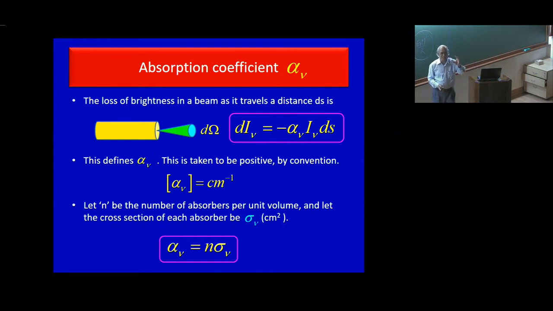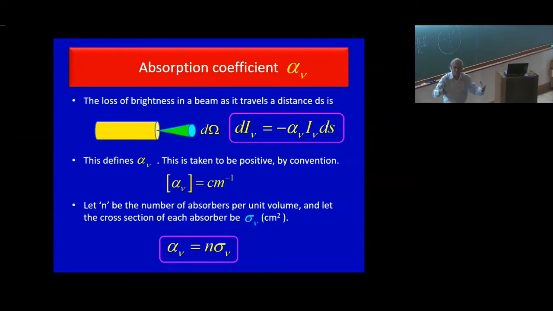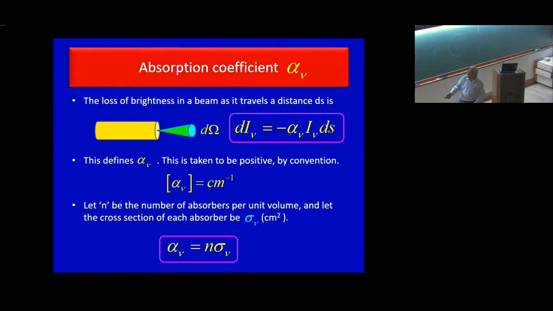Please remember, this cross-section is not just the physical, geometrical cross-section, because if you're talking of an electron, then you're talking of electromagnetic interaction with the electric field, and therefore it is the effective cross-section for the process. Therefore, this absorption coefficient alpha nu is n times sigma nu. N is number per centimeter cube, and sigma is centimeter squared. Therefore, the right-hand side has the dimension of 1 over length, as it should have.